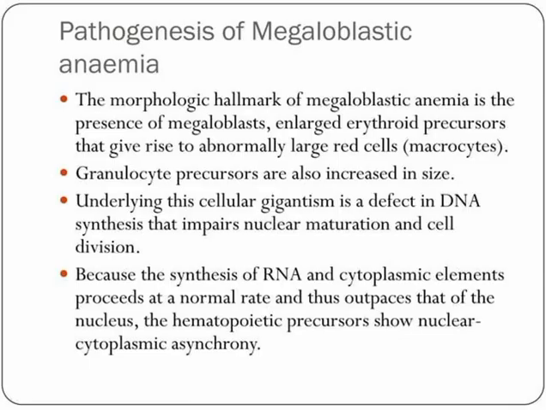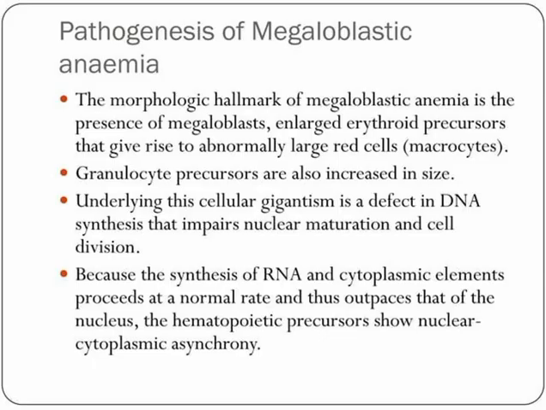Here first, the defect slows down nuclear maturation and hinders normal cell division. So here the granulocyte precursors also increase in size. This defects DNA synthesis and causes a defect in nuclear maturation and hinders normal cell division.